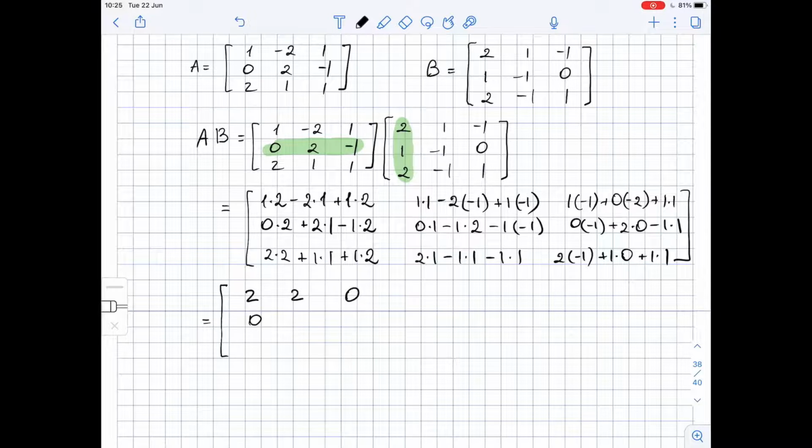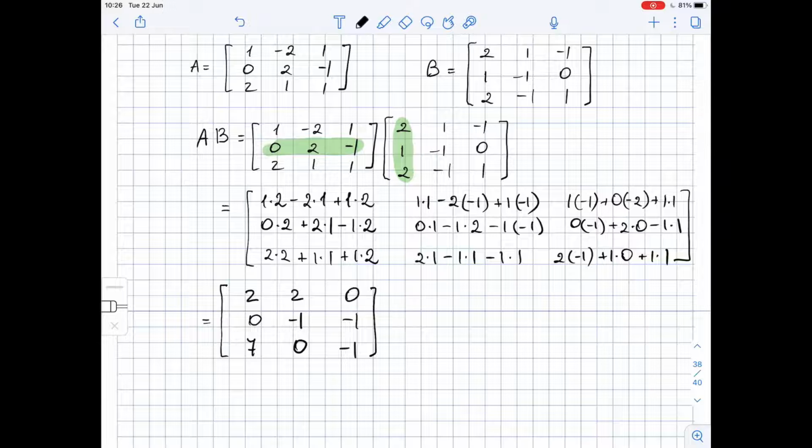Then 0 minus 2 plus 1, so negative 1. Then 0 plus 0 minus 1, so negative 1. 4 plus 1 plus 2, 7. 2 minus 1, 0, and negative 2 plus 0 plus 1 is negative 1. So this is our product AB.